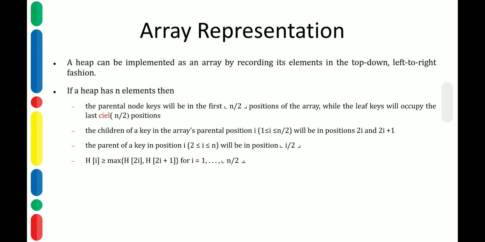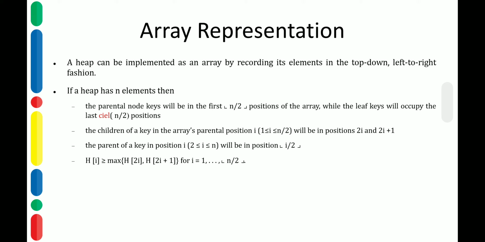So now you can understand that half of the keys are parents and the remaining half are the leaf nodes. The children of a key in the array's parental position i will be in positions 2i and 2i plus 1. So this is another property.